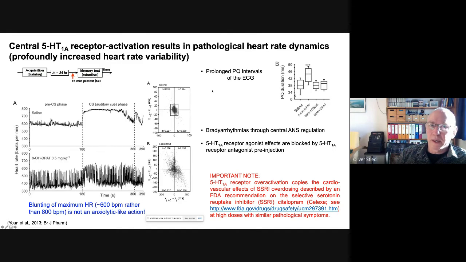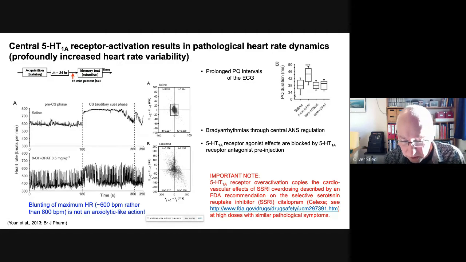I published this paper and I clearly expressed pathological heart rate dynamics. It took me 3 revisions and 150 queries before I had to ask whether someone of the referees was from the pharmaceutical industry, because they didn't want to hear that there is a negative effect of SSRIs on the cardiovascular system. And there's a big debate about this, because it turns out that we have ourselves found out that the so-called silent SSRIs are not silent at all, because they often blunt responsiveness to external stressors.